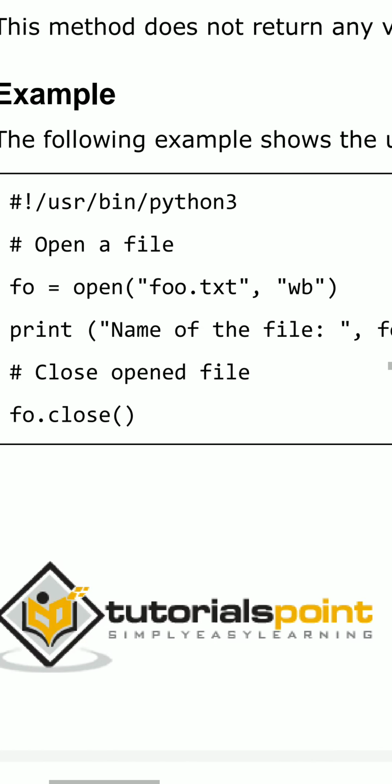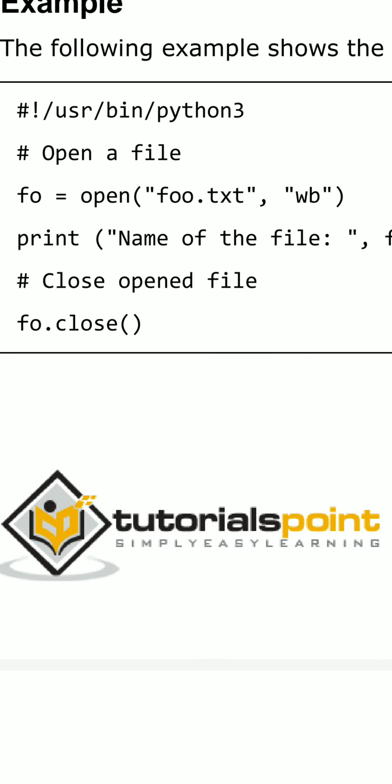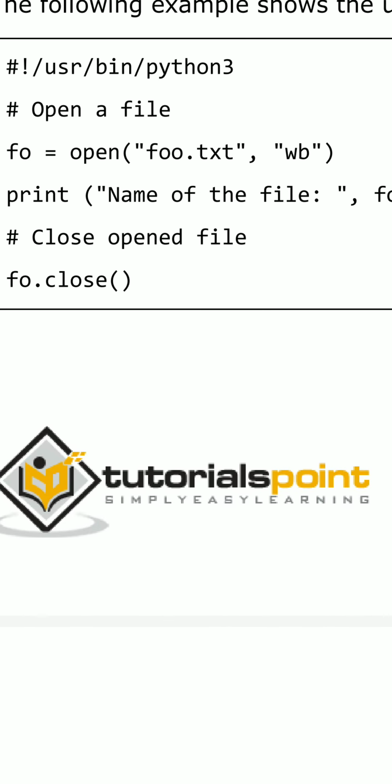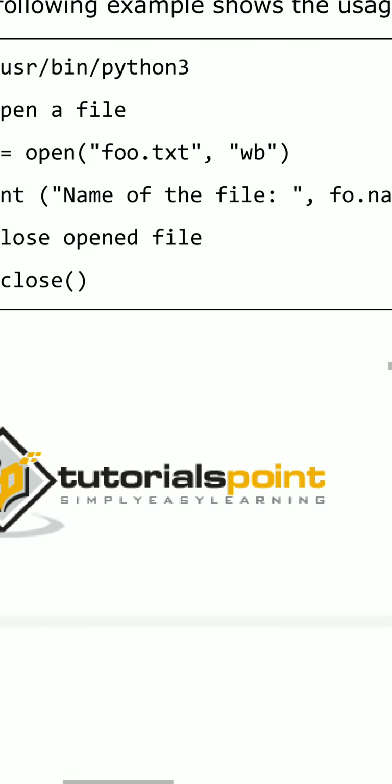In the following program, I have taken a variable fo and open, which is the function to open a file. Foo.txt is my file name, an already created file, and I have taken foo.txt as an argument here, and opened it in WB mode. That means write mode in binary format.